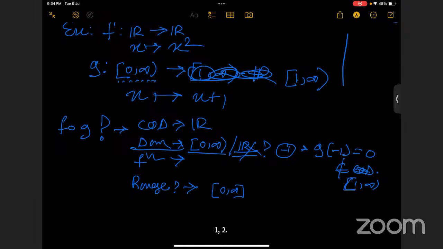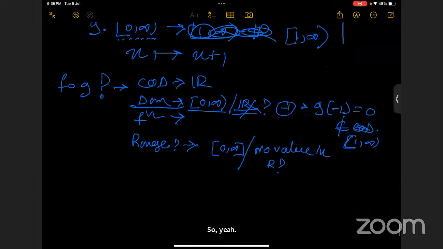Any other option? Why 1 to infinity? Because it is always positive.